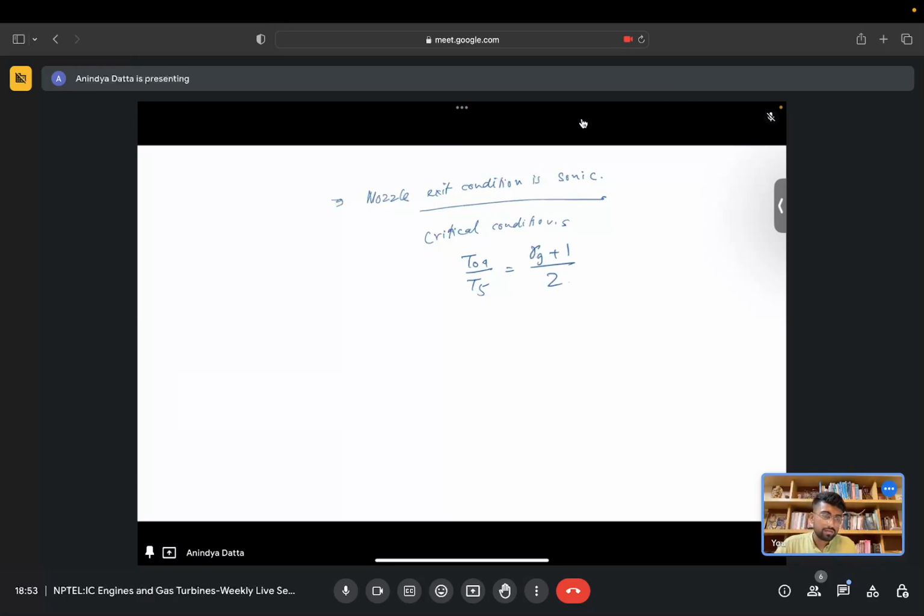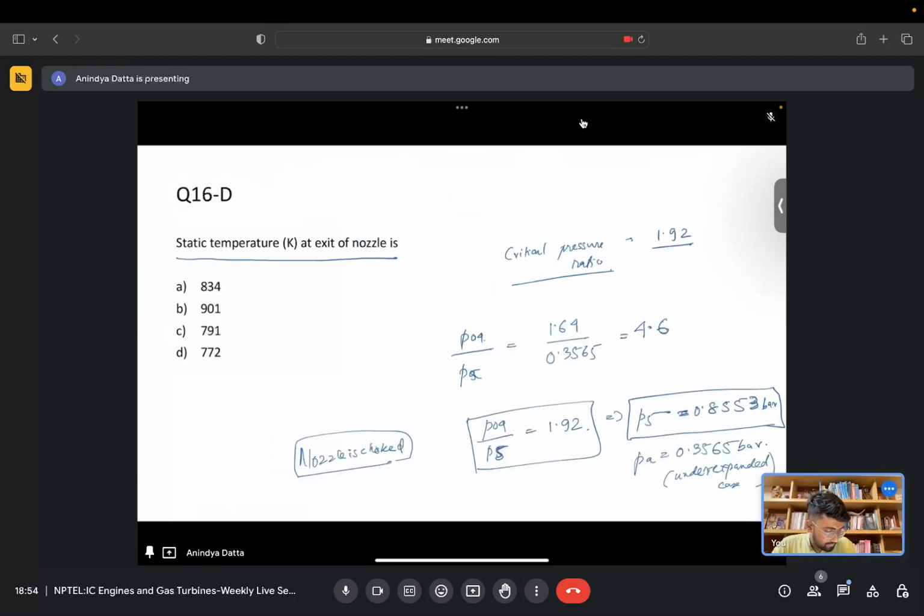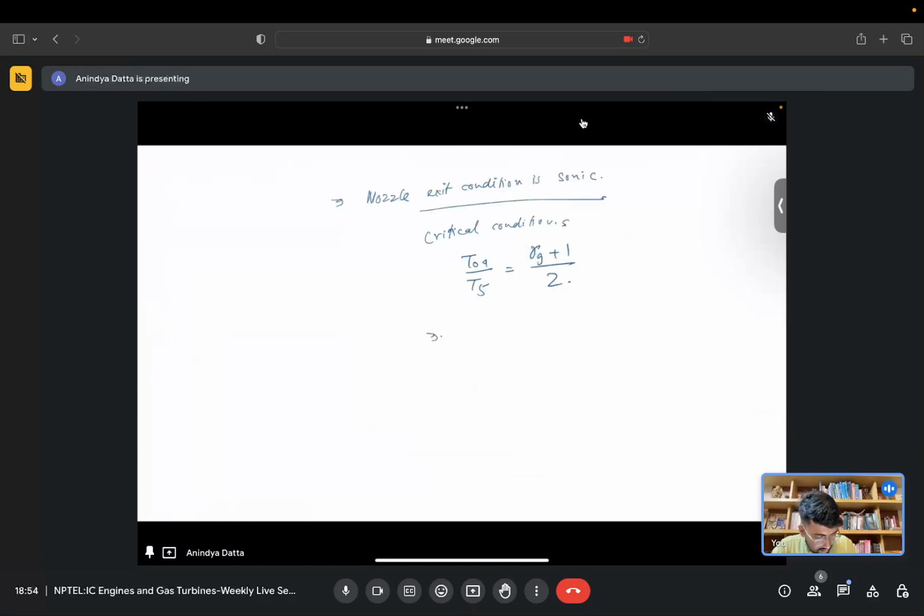From this we can find the static temperature at the nozzle exit. T04 we found as 973.055, and gamma is 1.333, so we will get T5 as 834.17 Kelvin, which is option A.